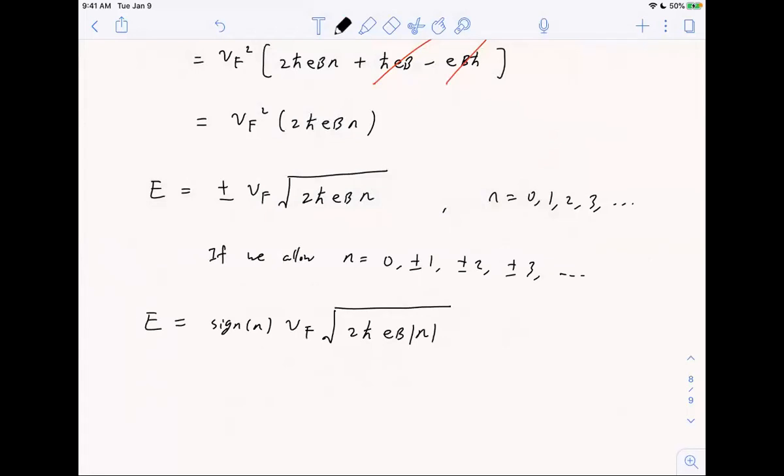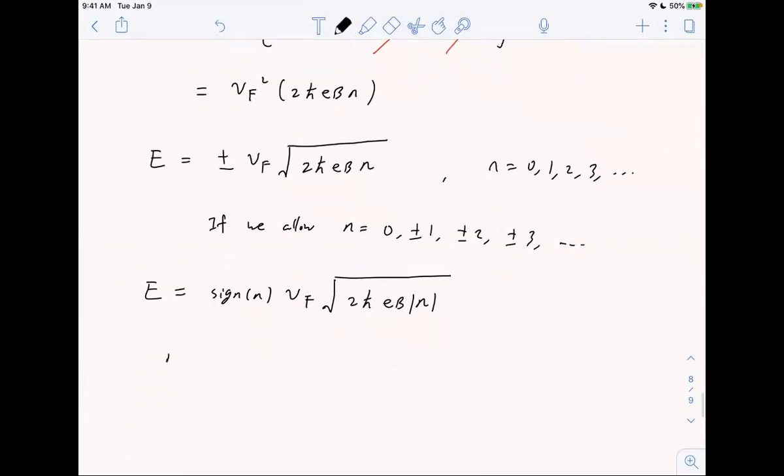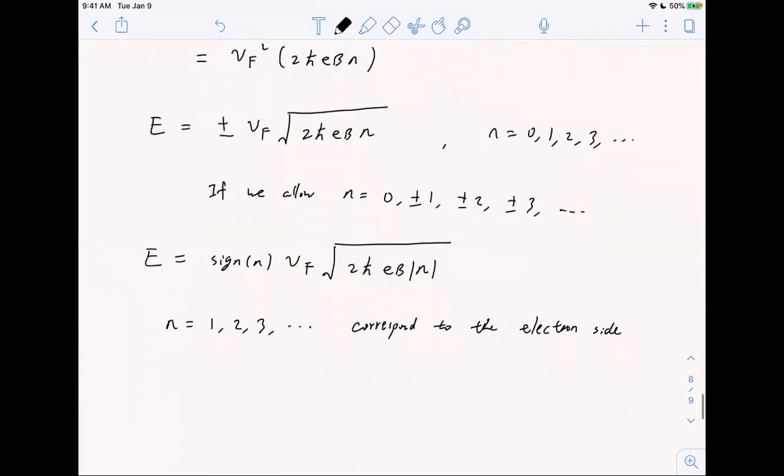Okay, so n equal to 1, 2, 3 corresponds to the electron side. And n equal to -1, -2, -3 corresponds to the hole side.